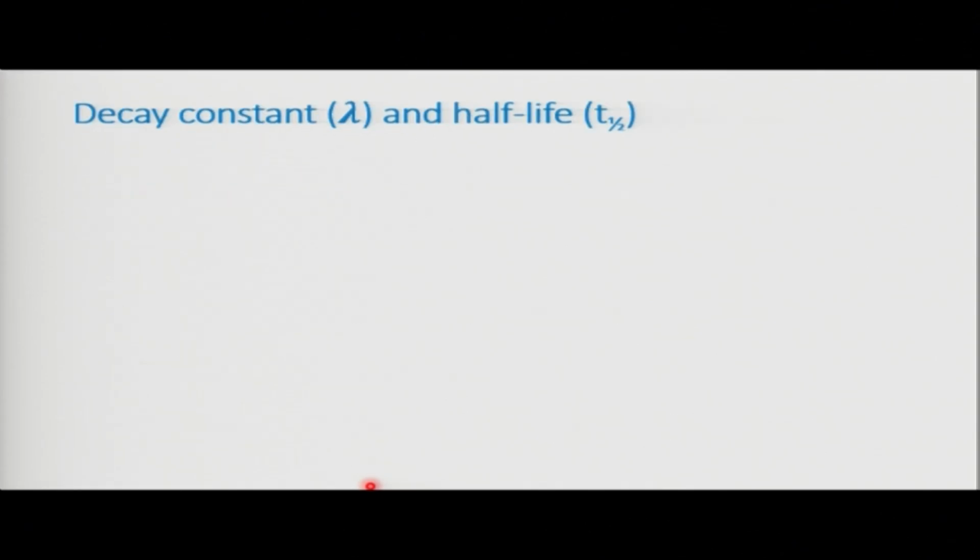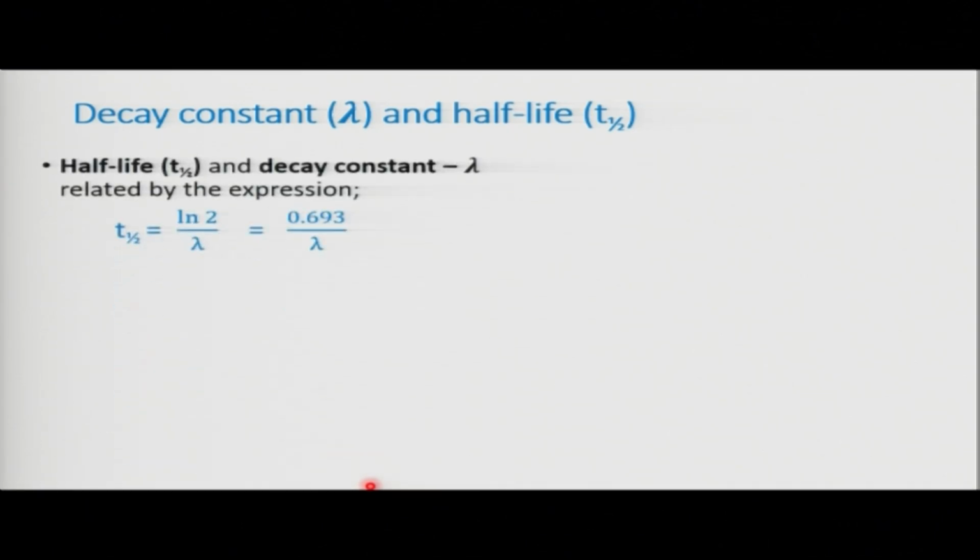So looking at that, we can compare the decay constant and the half-life. Let's quickly compare the decay constant and the half-life. Those two are related by that expression. Again, the question is, where does it come from? Where is that relationship coming from? We can quickly derive it.